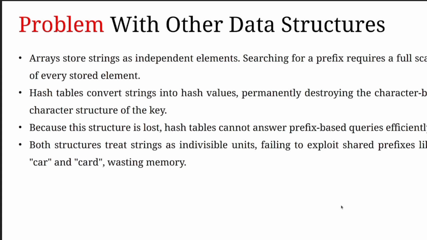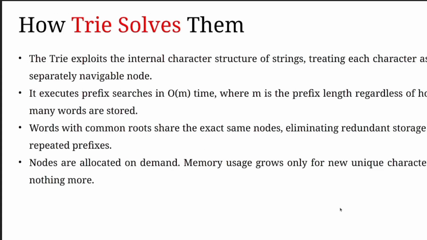Trie was designed to solve those problems. Trie stores words character by character. Each character is represented by a node, and words with a common prefix share the same path.